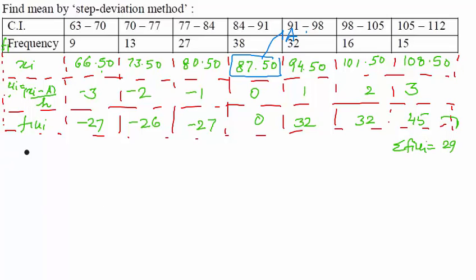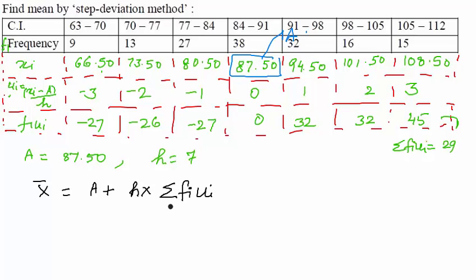Now here our assumed mean is 87.50 and the width of the class interval is 7. So now we simply apply the formula of mean by the step deviation method. The formula is assumed mean plus width into the sum of fi ui upon the sum of all the frequencies.